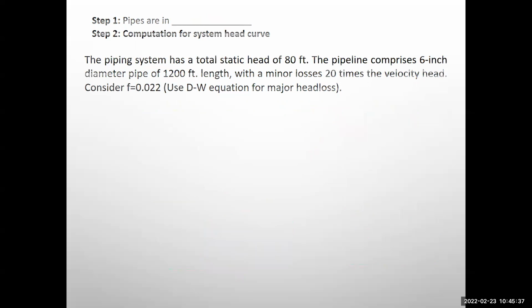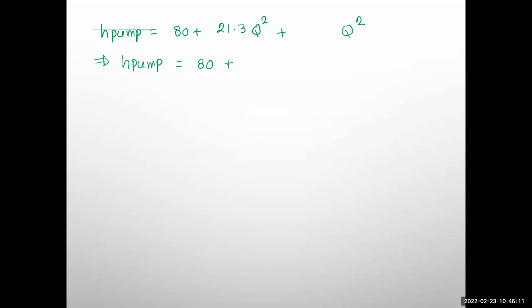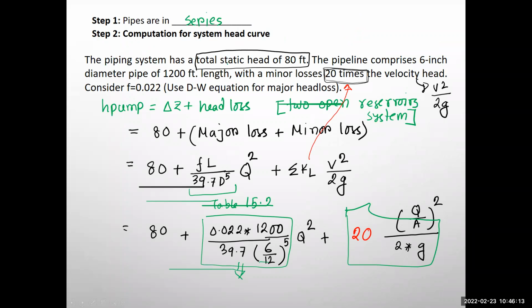So I'm going to the next slide here. Pump A D plus, you got 21.3. Yes. And what is for the second part? What number you got? Divided by 2g divided by A squared also.